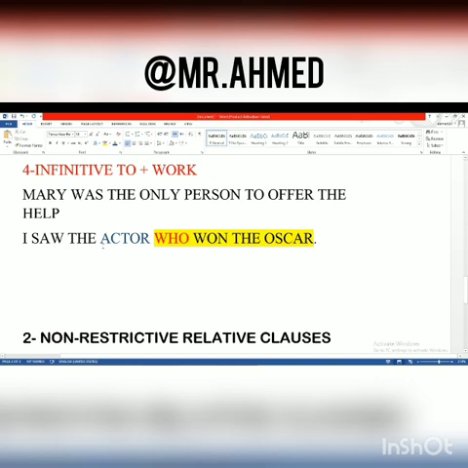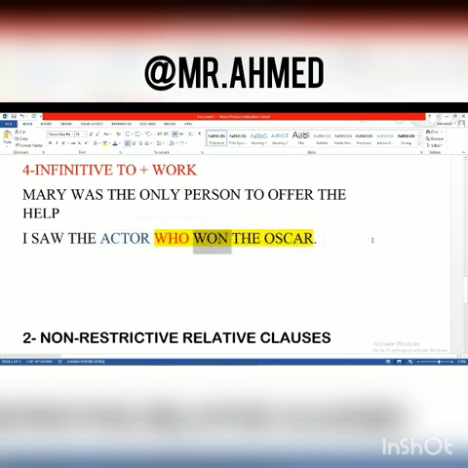So the context they are explaining is the Oscar. Who won the Oscar? The actor, of course. So there is an attachment between the meaning and the actor.